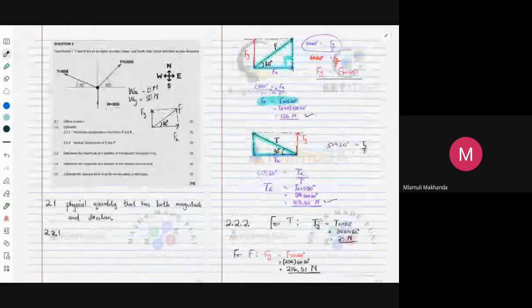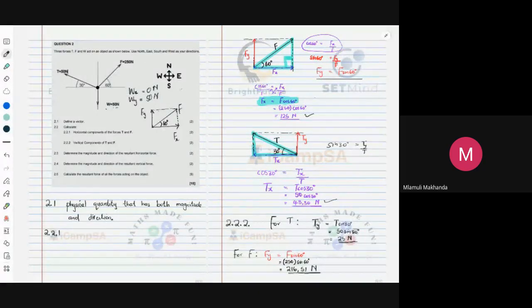So we are going back to 2.3. 2.3 is saying, let's find the magnitude and direction of the resultant horizontal force, right? So basically, we are finding horizontal, which is Rx, sorry, and vertical is Ry.